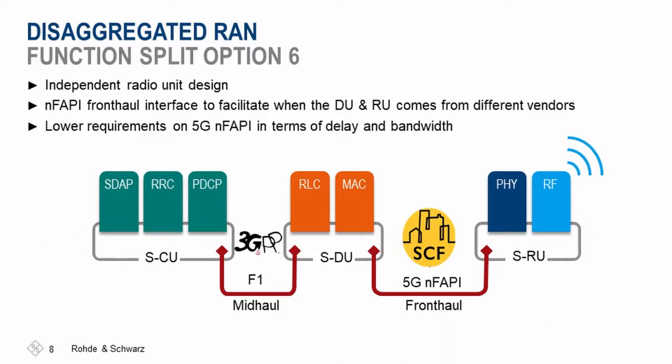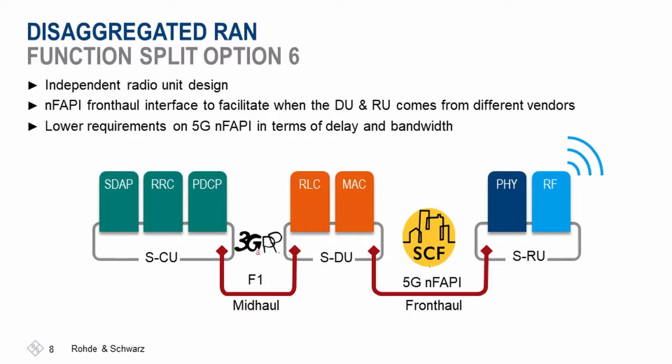And then we have the centralized unit, SCU, and on that would be the RRC, PDCP, and SDAP protocols. The SDAP is a service data adaptation protocol, maintaining the quality of service.